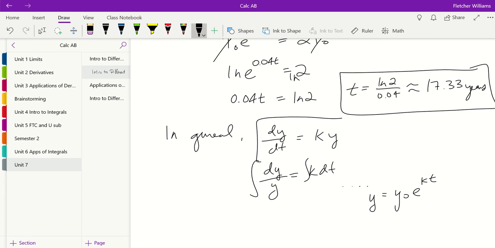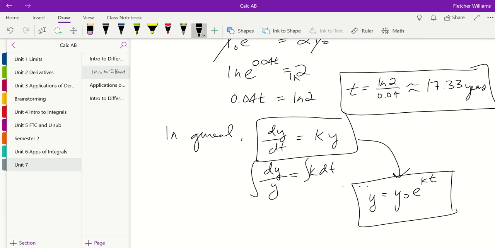So when you have functions of this form, you do get this solution. Good to know, because you will see it a lot.